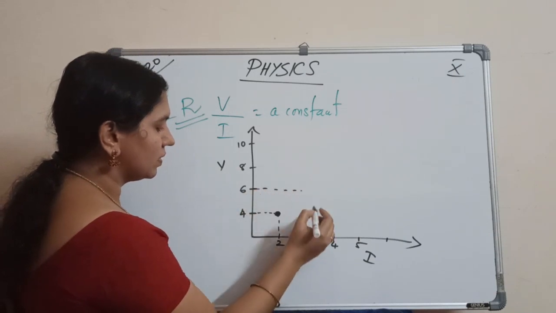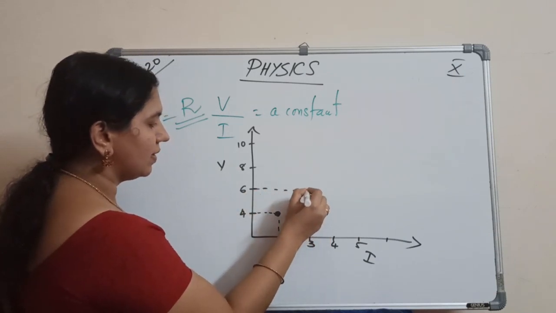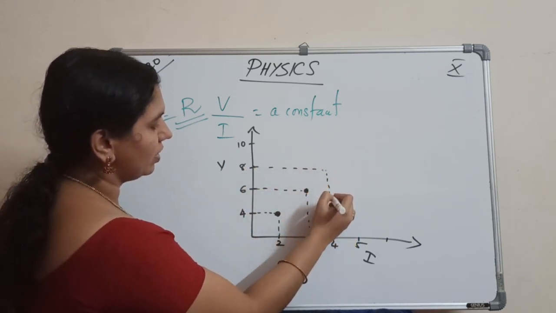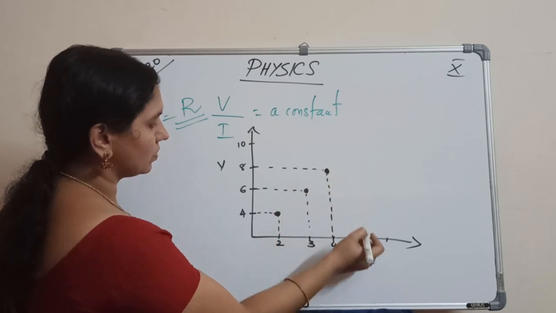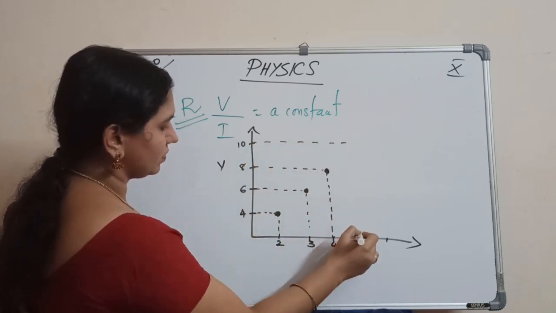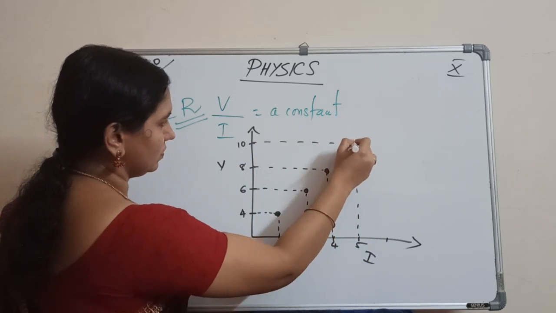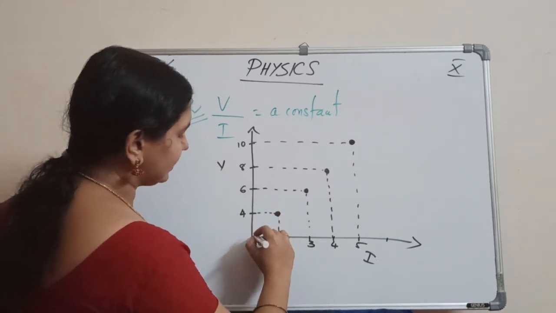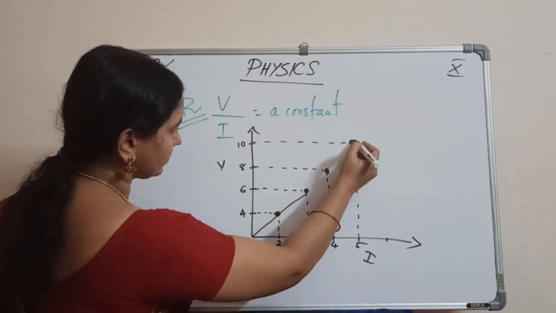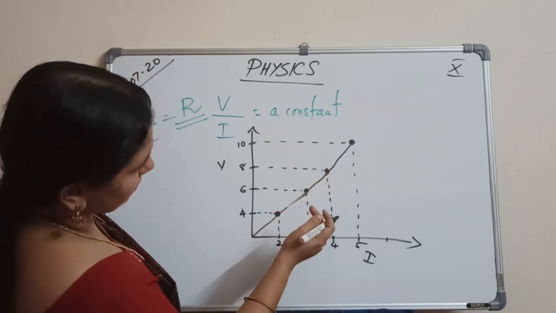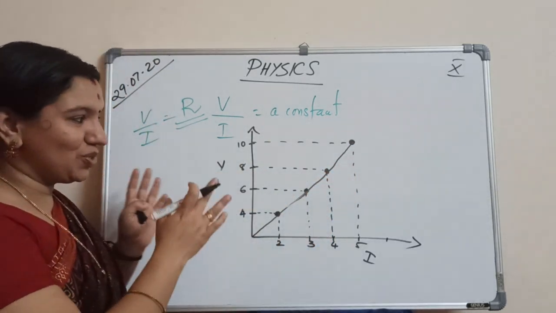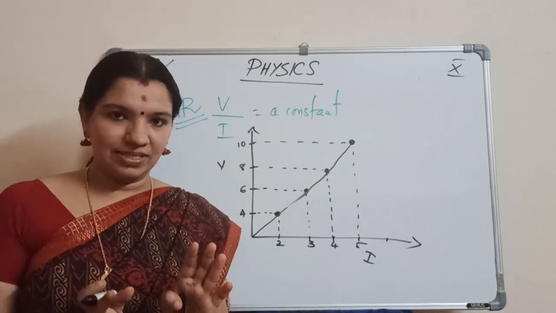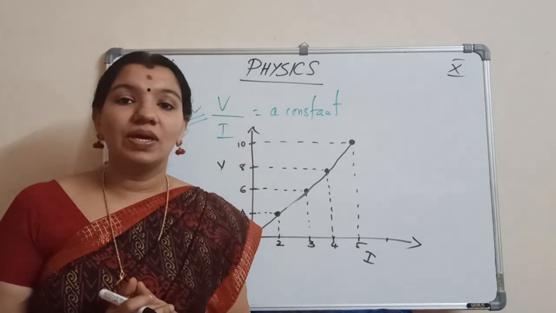Again, here I will get here, it's not the actual measurement, I just plotted. Now by joining the points, I will get a straight line like this. Let us assume it is a straight line, okay? So this is the straight line we are getting when we are plotting a graph between V and I.